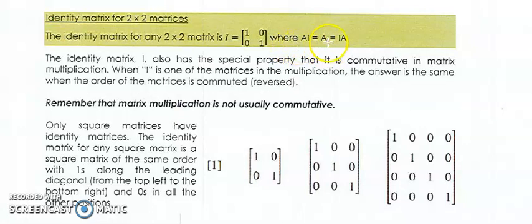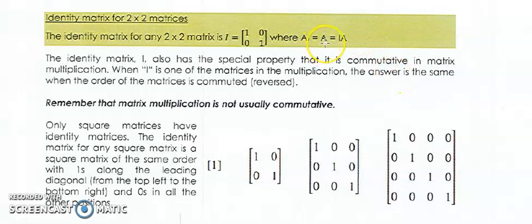AI is the same as A, which is the same as IA. So the identity matrix has a special property that it is commutative. All that's saying is you can swap it around. AI is the same as IA.